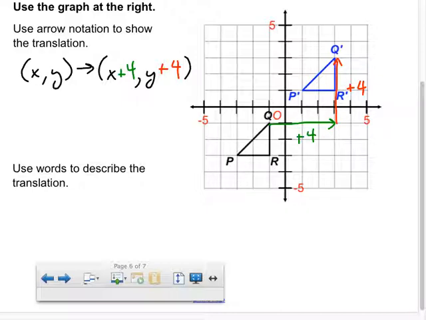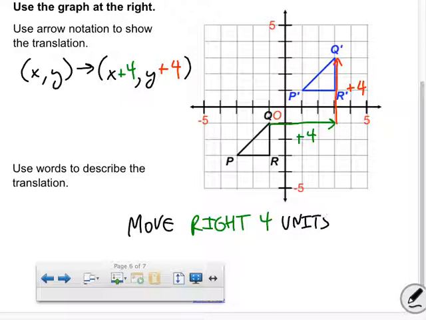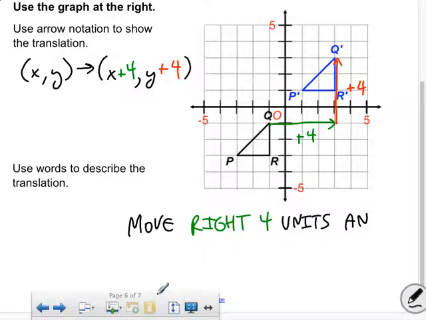Well, you use right 4 units and up 4 units. Move right 4 units and up 4 units.